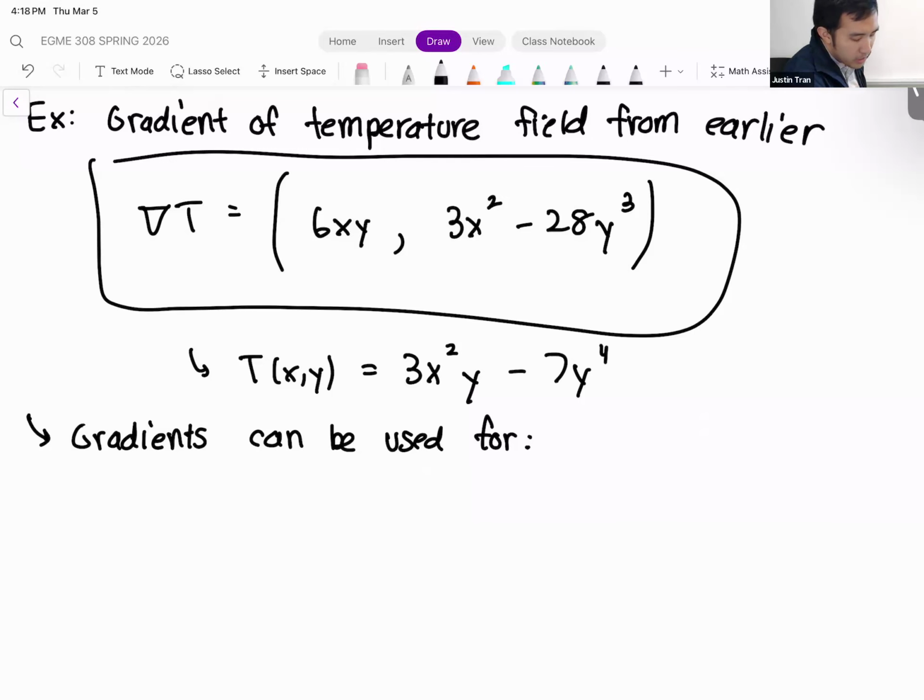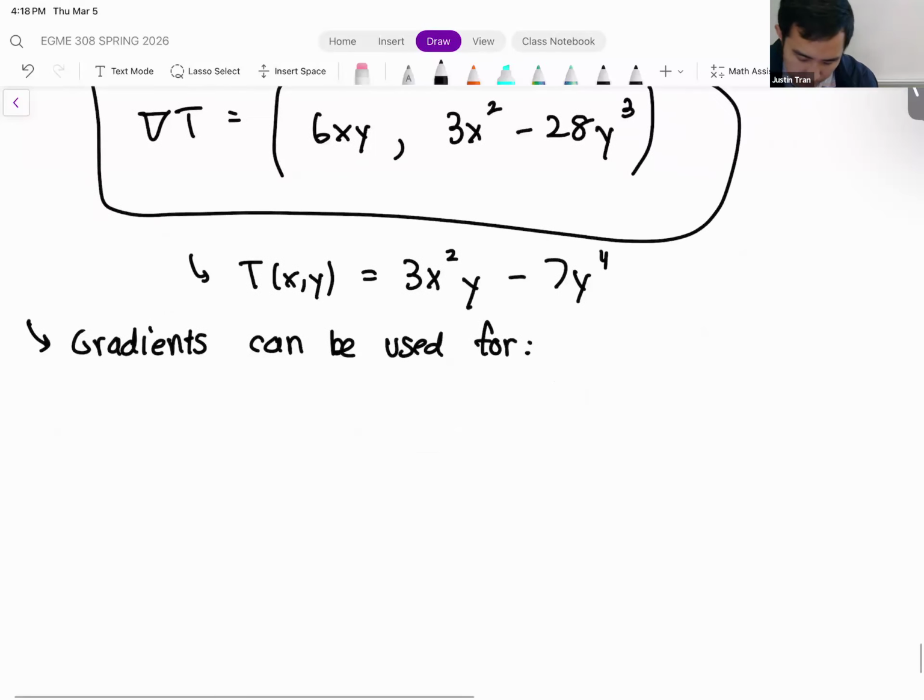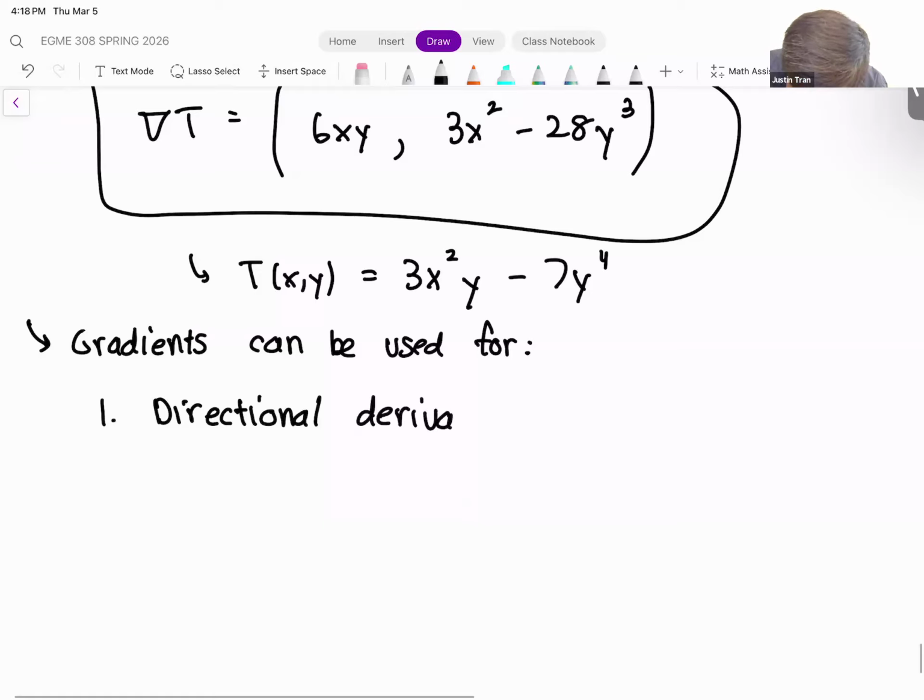All right, so the first application that we'll go over is this idea of the directional derivative. This builds off our discussion from Tuesday when we talked about the idea of projections.